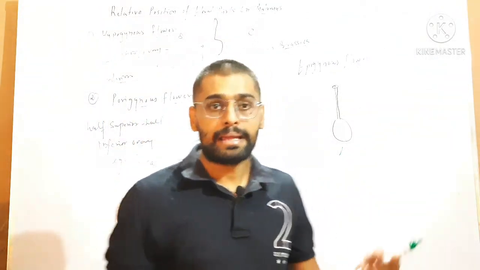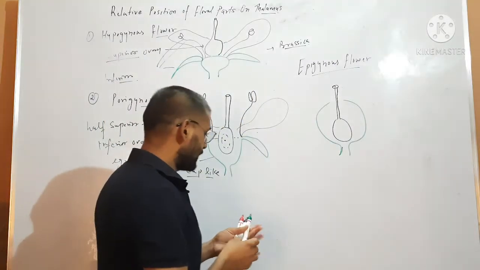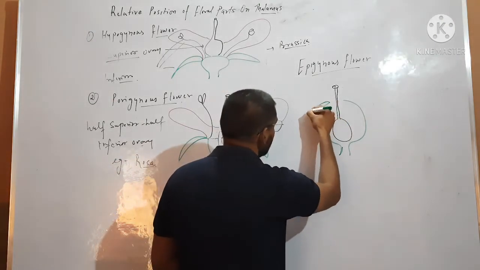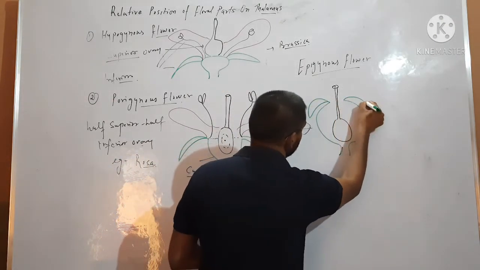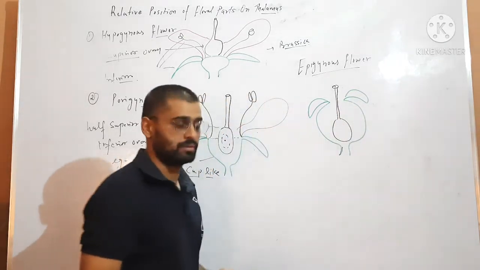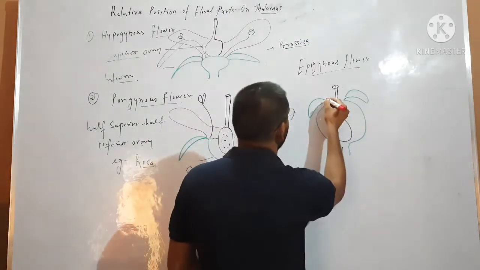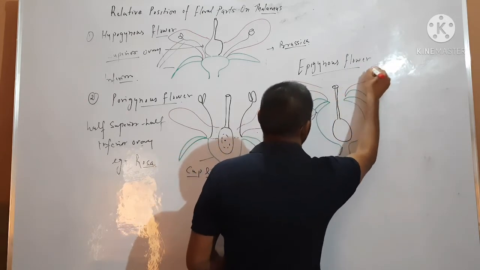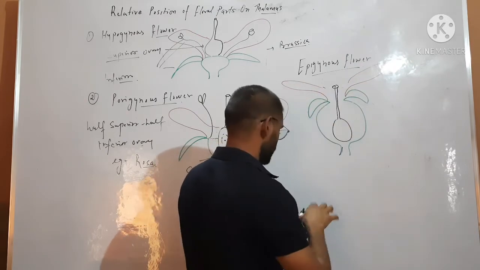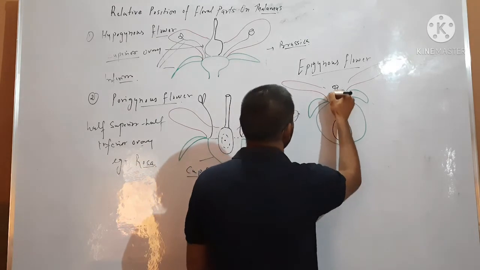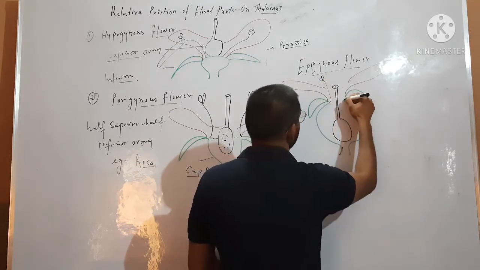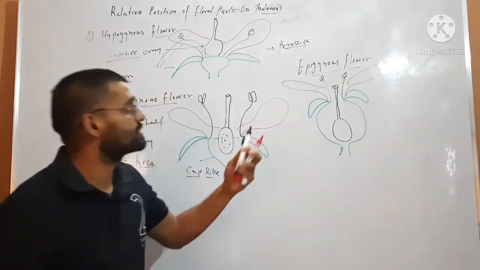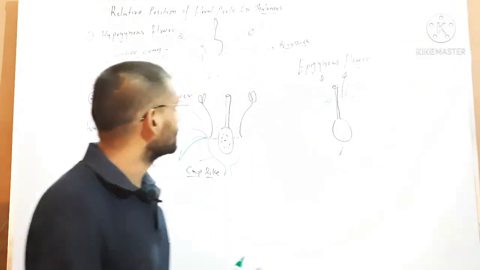Other parts like calyx, corolla and androecium are inserted at the top of this thalamus. So this is called epigynous flower.